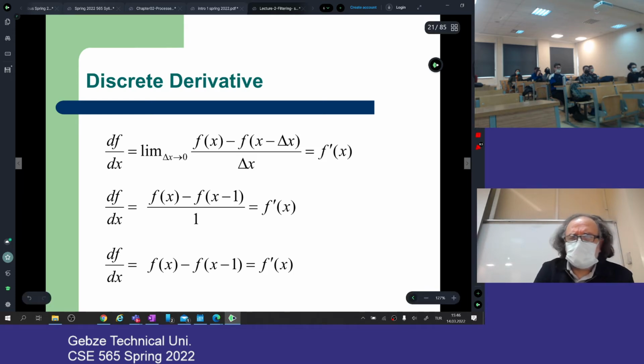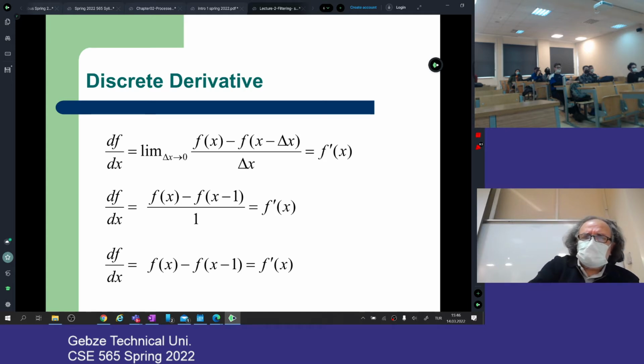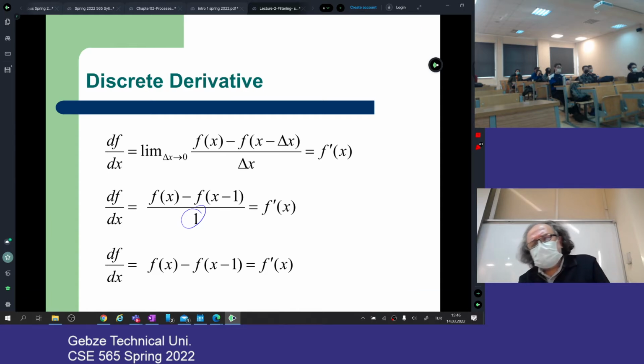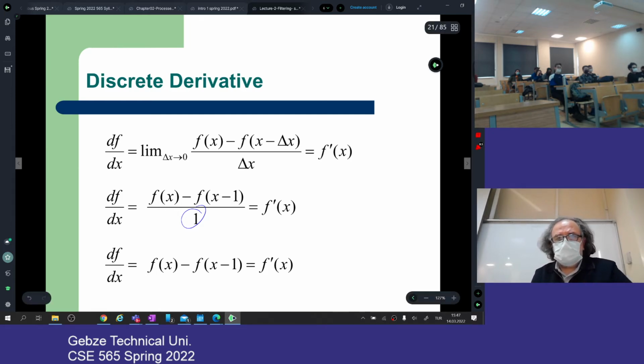I just subtract f(x minus 1) from f(x) and divide it by 1, and I call it a derivative with respect to x. So basically you just take the difference between two neighboring pixels.